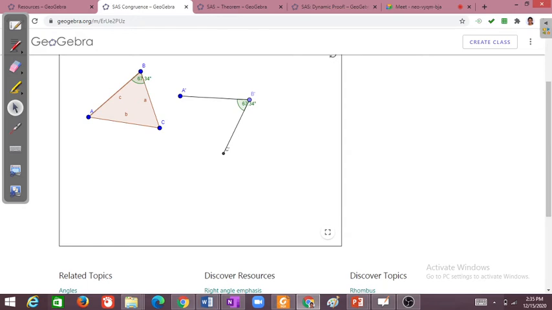So I am going to place A over A dash. When do you think they will correctly fit?